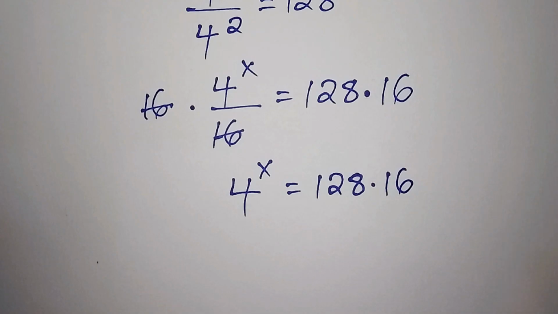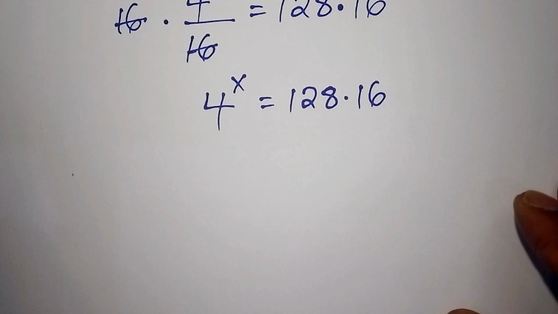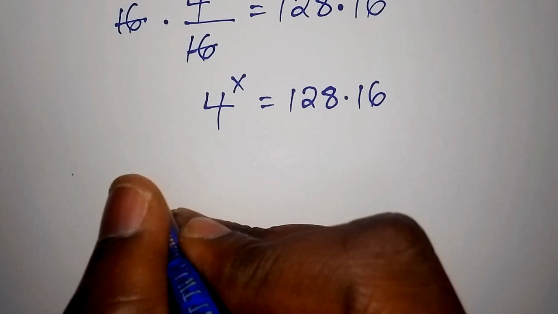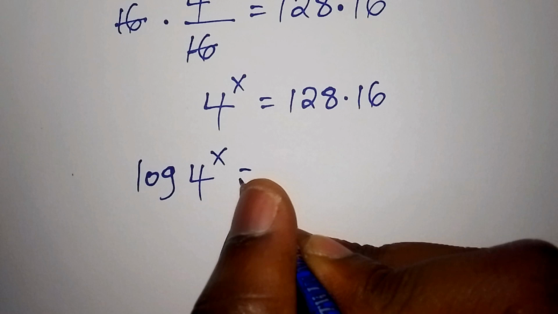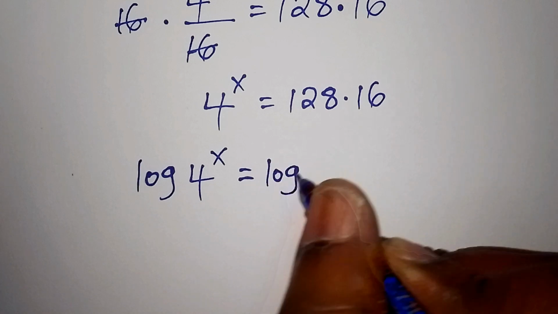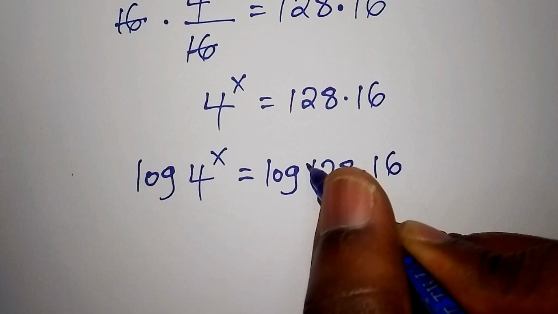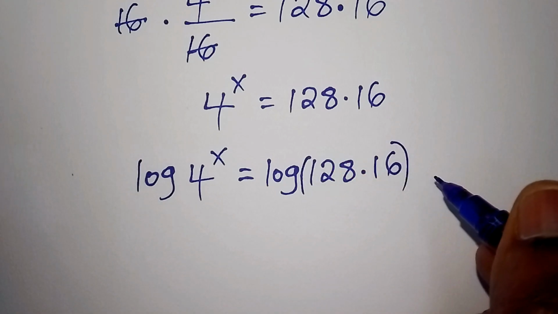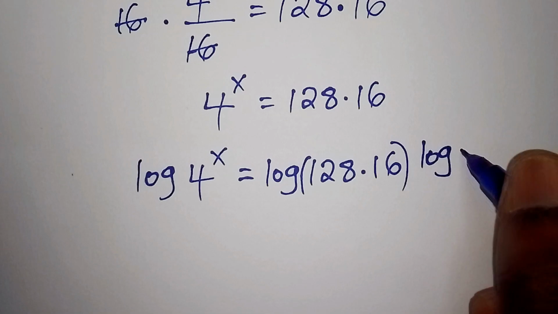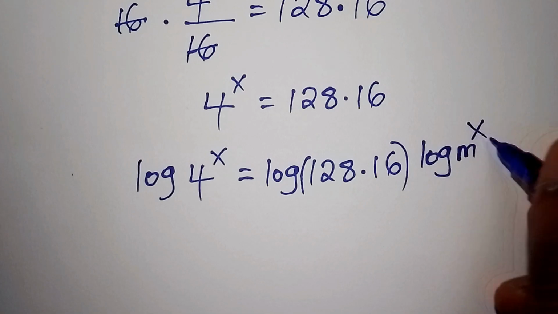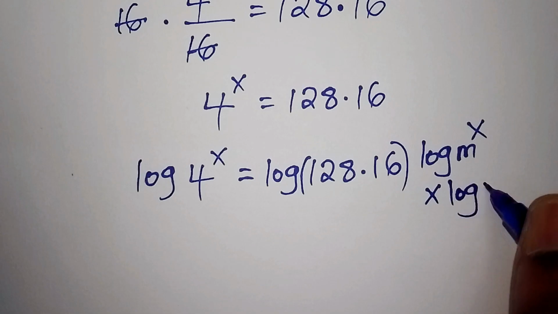So the next step is now for us to introduce the log on both sides. So when introducing the log on both sides, we shall now have the log of 4 to the power of x is equals to the log of 128 multiplied by 16. So we shall put them all into brackets. So when you have, for example, the log of m to the power of x, this one can be written as x, the log of m.